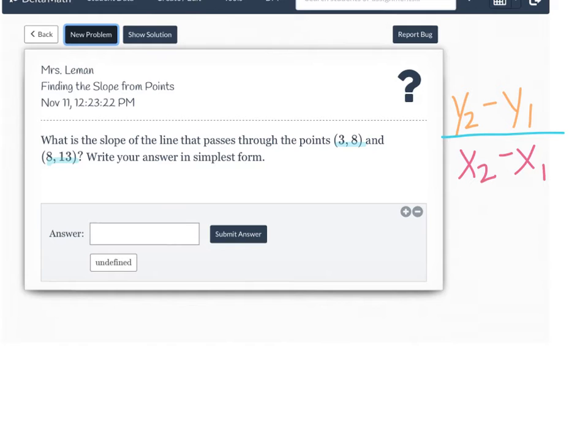So this is going to be y1, because it's in the first point, and this is y2. And so I'm going to plug those in. So it's 13 minus 8 over x2 minus x1, so 8 minus 3 equals, and then you just subtract across the top.